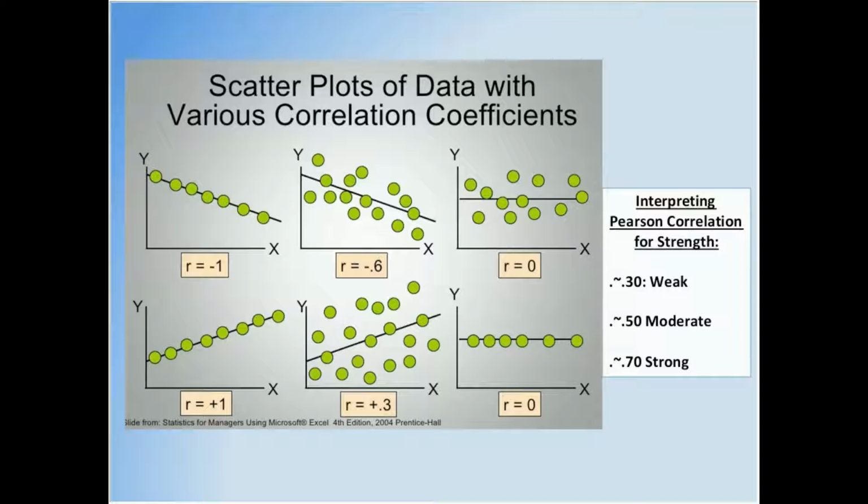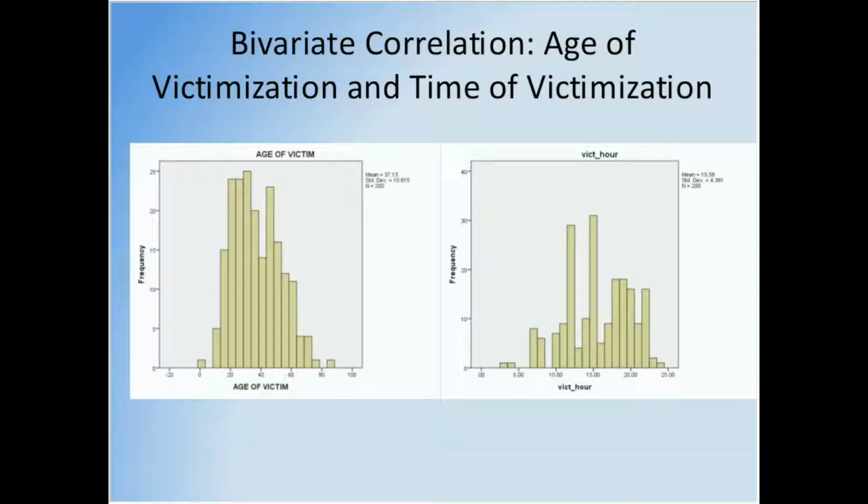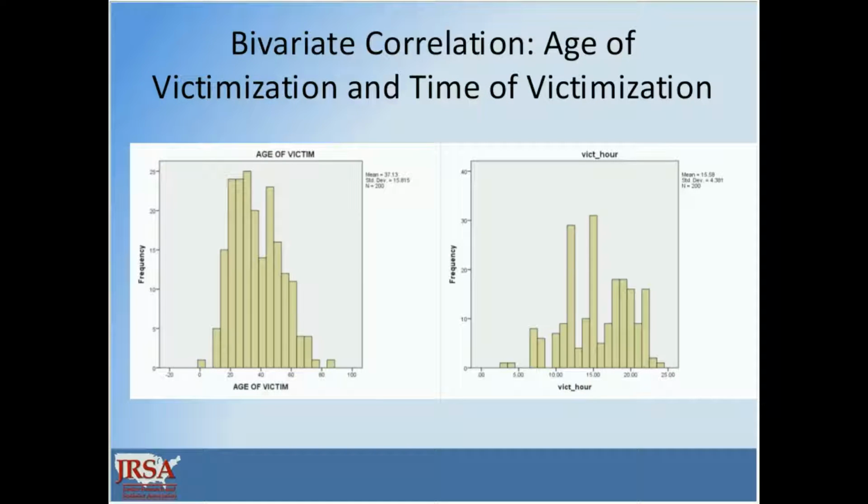So here I just wanted to include that around 0.3 is considered a weak relationship, around 0.5 is moderate, and around 0.7 is considered a strong association, a strong relationship.